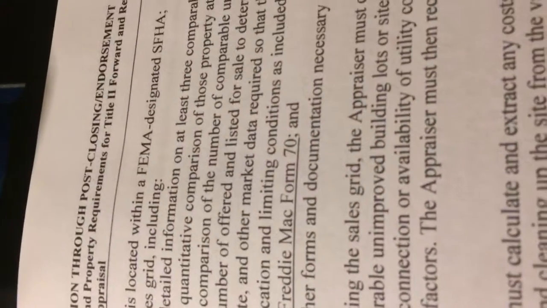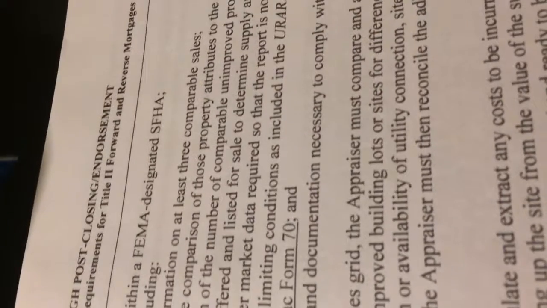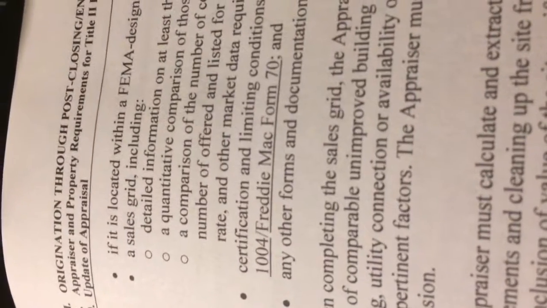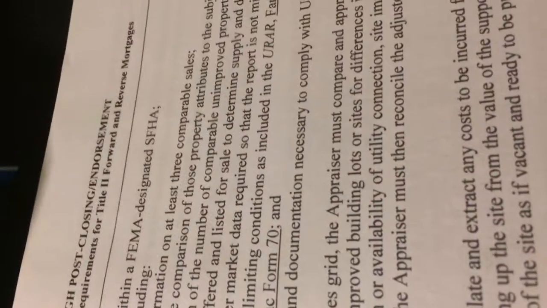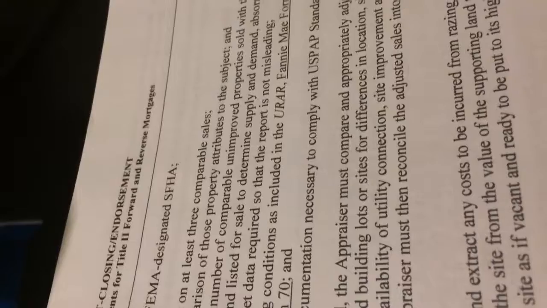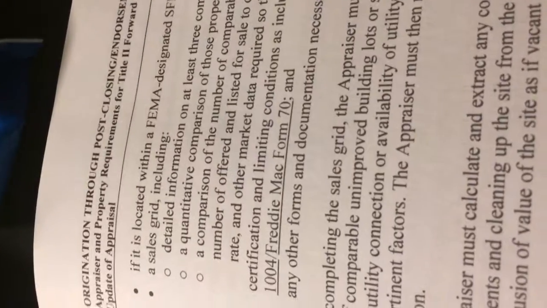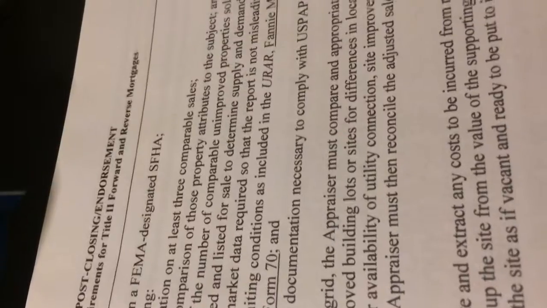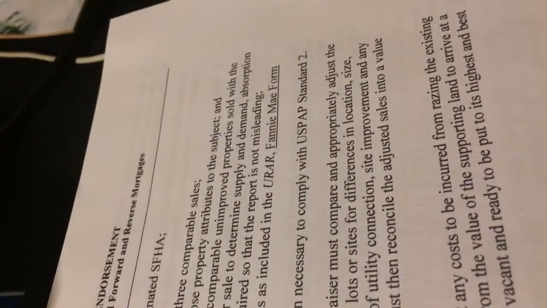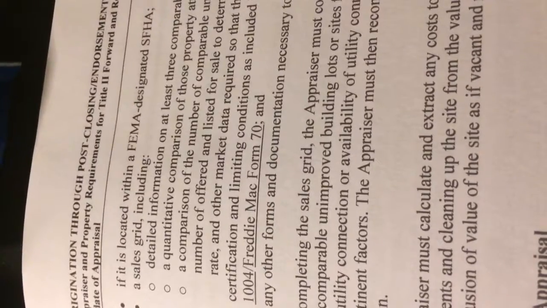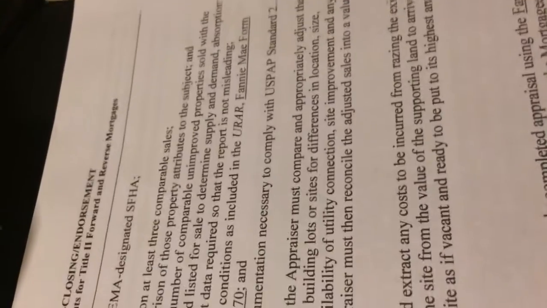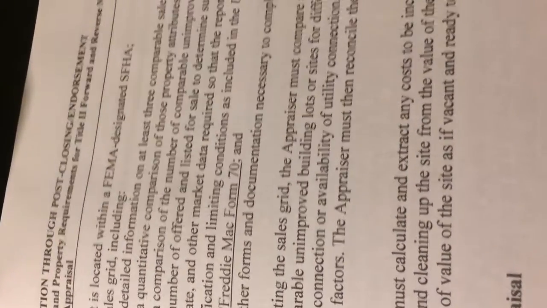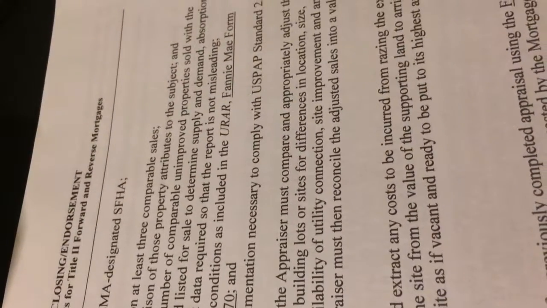If it is located within a FEMA designated SFHA, a sales grid including detailed information on at least 3 comparable sales, a quantitative comparison of those property attributes to the subject, and a comparison of the number of comparable unimproved properties sold with the number offered and listed for sale to determine supply and demand, absorption rate, and other market data required so that the report is not misleading.